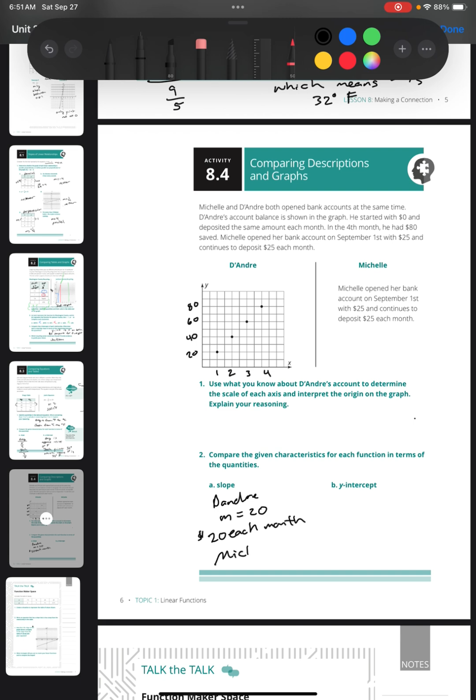Michelle, her slope is 25. She's depositing $25 each month. And then for the y-intercepts, DeAndre has a y-intercept of 0 because he started with $0.